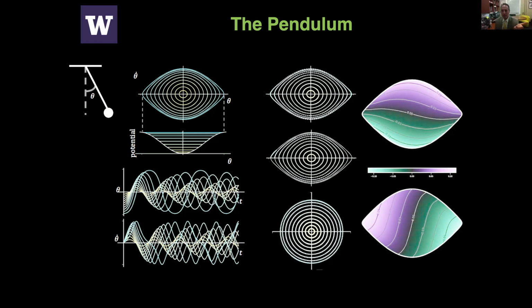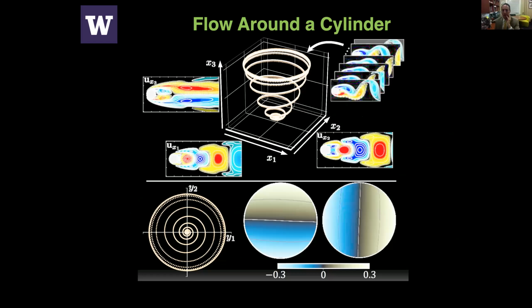So that's the pendulum. Here's flow around the cylinder. This is when you have von Karman vortex shedding. Again, these are nonlinear oscillations that describe the shedding of the vortices. What you can do is take the reduced dynamics of this system, in other words, look in a low dimensional subspace.